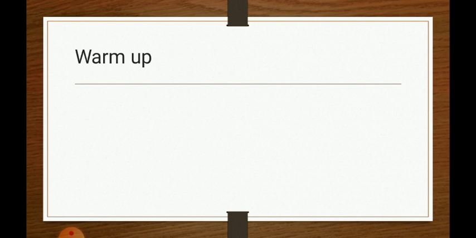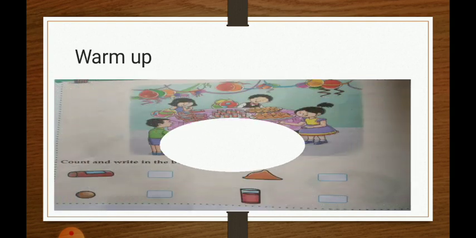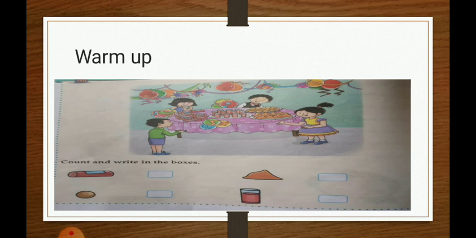Here is a warm up question given. See what is given there. There is a picture of a birthday party, and some small children like you are there enjoying the party. Here is the warm up question: count and write in the box.